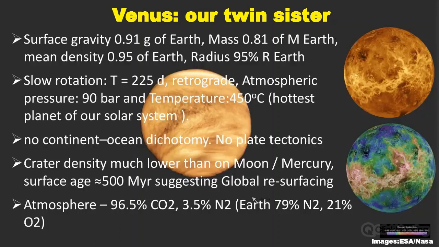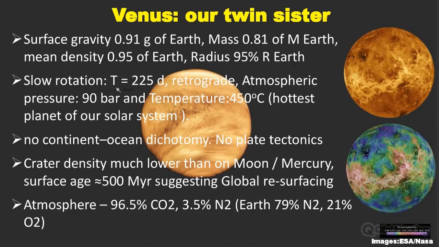Next comes Venus, our twin sister. If you compare physical parameters, its mass, density, radius and gravity are very much comparable to Earth. Based on these observations, initially it was thought that Venus is similar to Earth. But with our orbiter missions we understood that is not the case, and Venus is very different from our own planet.